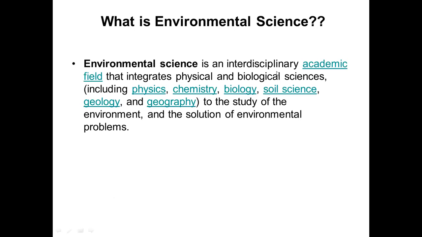Environmental science is an interdisciplinary academic field that integrates physical and biological sciences, including physics, chemistry, biology, soil sciences, geology, and geography, to the study of the environment and the solution of environmental problems.